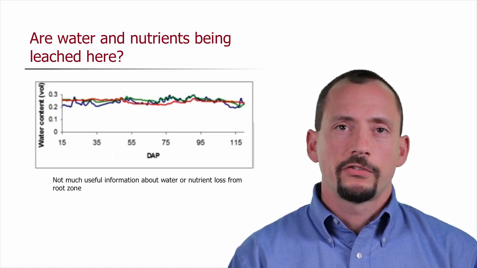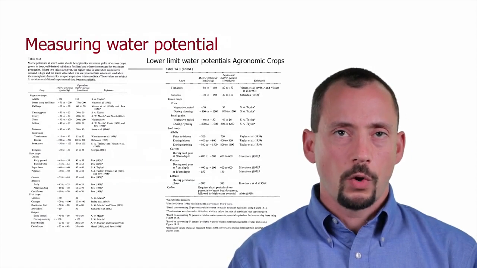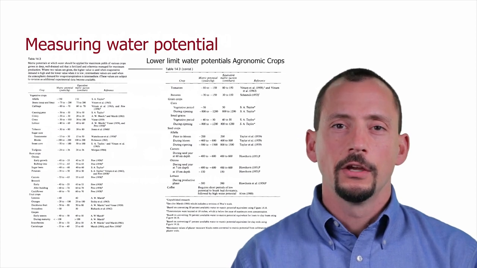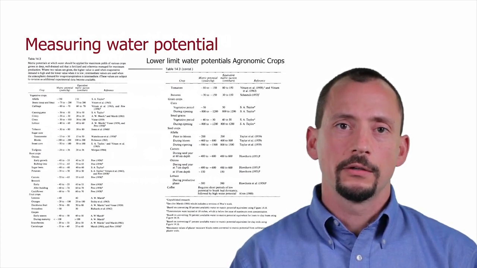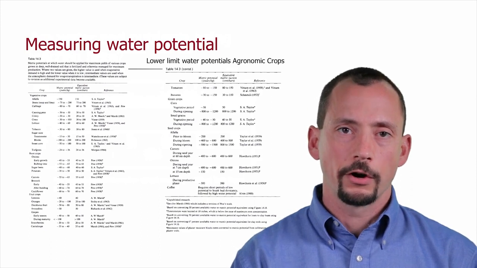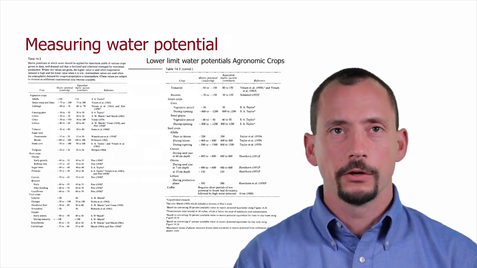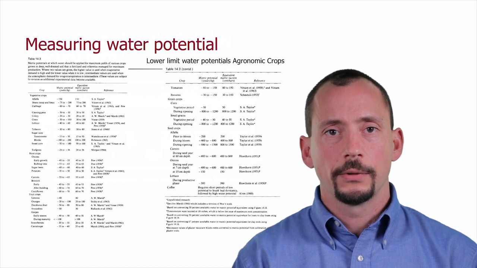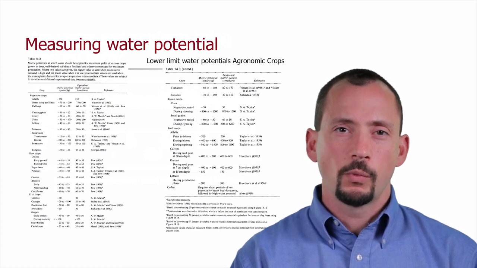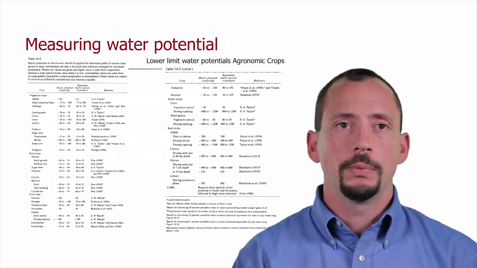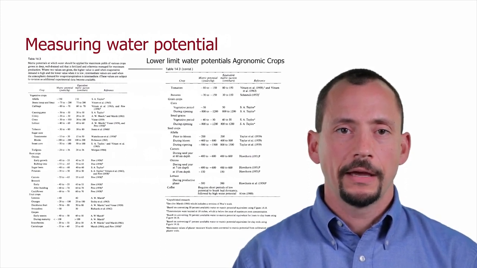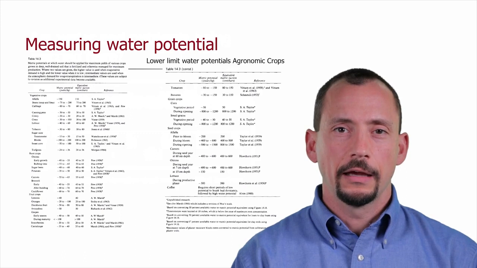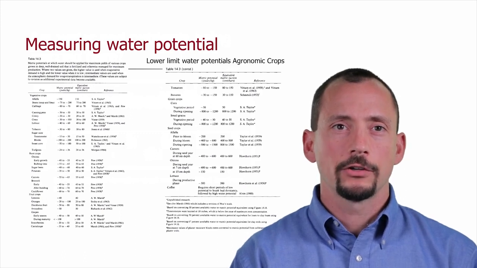So, as I said a second ago, you can measure water content and try to empirically determine a full and refill point, where you would turn the water off and then turn it back on for irrigation, or you can measure water potential. Water potential in some ways is a little bit easier to use because the water potential levels at which plants begin to stress and lose yield are pretty well known.